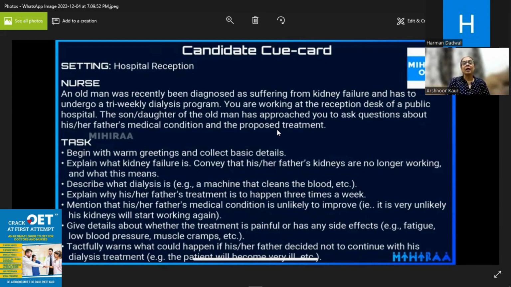Then you should start the conversation by saying, yes, Mr. Henry, do you know what your father is suffering from? Then he'll say, no, I'm not aware of this. Then you have to say that your father has kidney failure, and due to that, he is undergoing this procedure. Actually, the function of the kidneys is to purify or filter our blood.